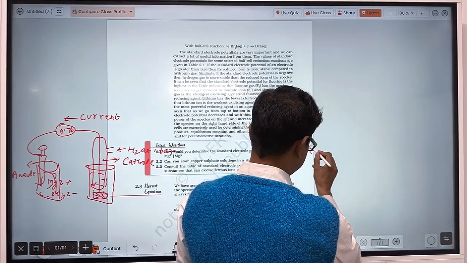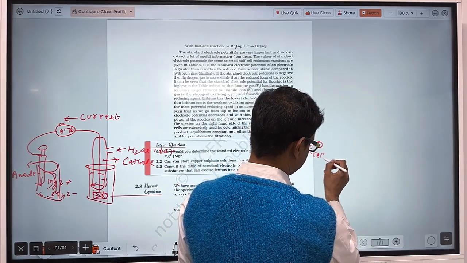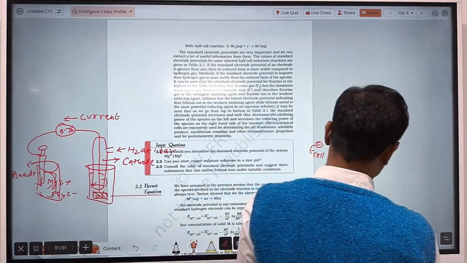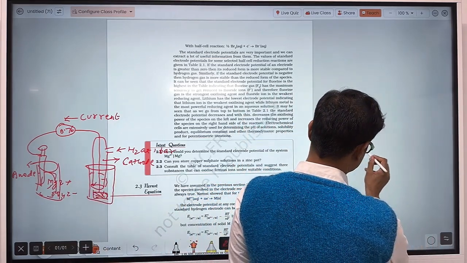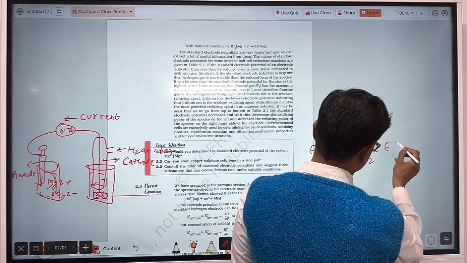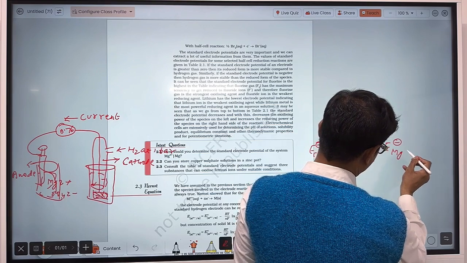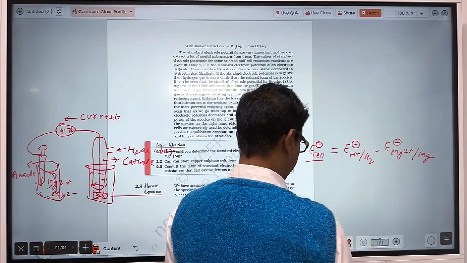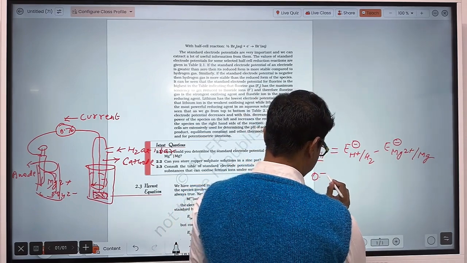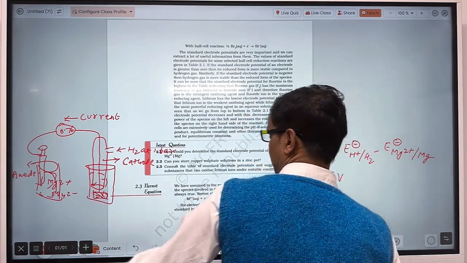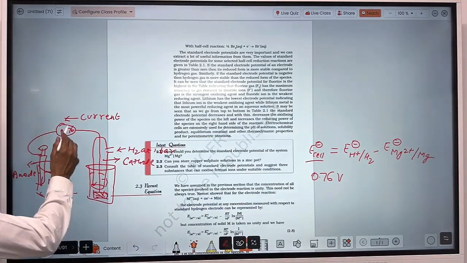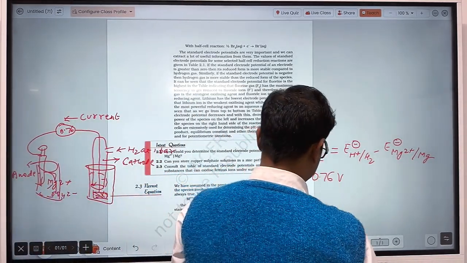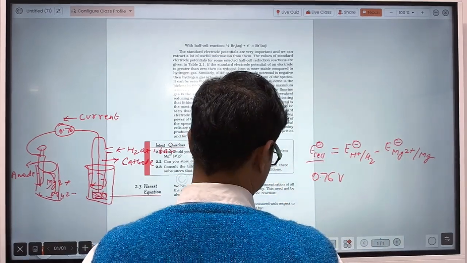So the standard EMF of the cell will be equal to the standard electrode potential of the cathode, here H+/H2, minus the standard electrode potential of the anode, the Mg2+/Mg. Here the EMF of the cell has been considered as 0.76, since the reading of the voltmeter is 0.76 volt.